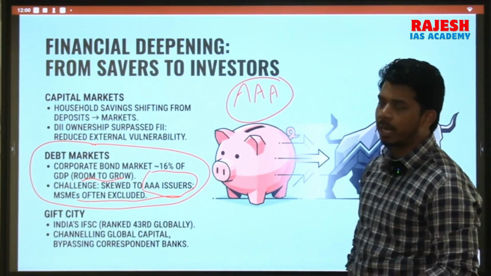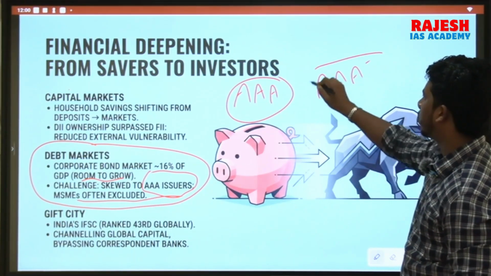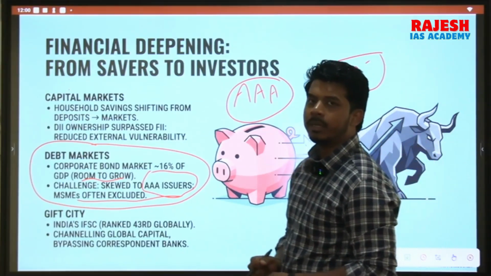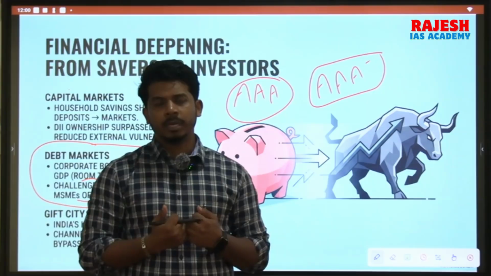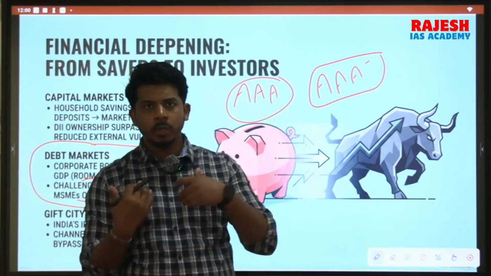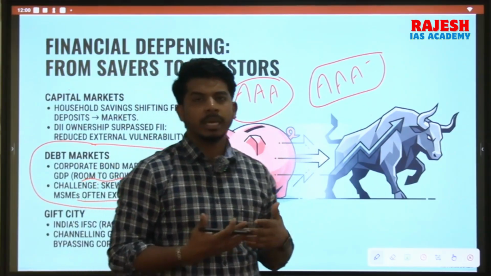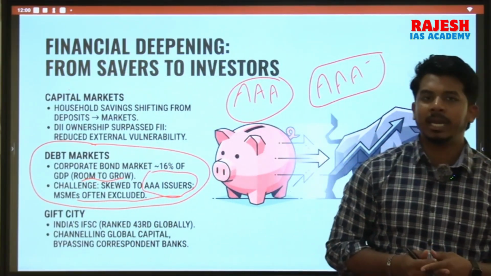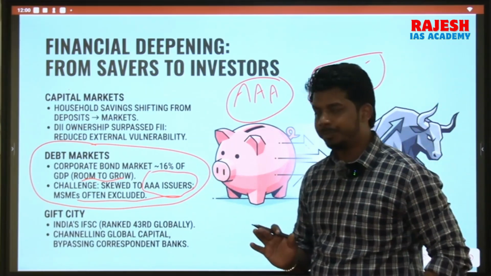Those who have AA or AA minus, very high ratings, are the only ones getting the bonds, debts, etc. If I am a new borrower, I may be a sincere person, but I will not have a good rating and I will not get enough bonds or debt from the market. The market is hesitant, it is not yet fully developed.